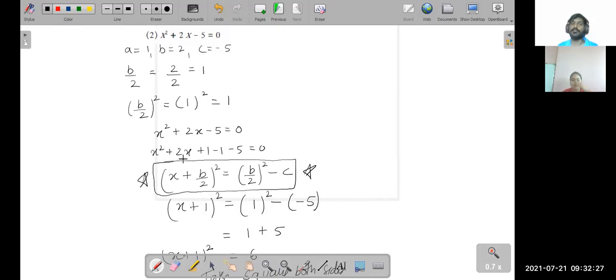How is b upon 2 the whole square 1 square? What is b upon 2? Here, see, 2 upon 2 is 1. This directly I substituted here. Did you understand, right? No confusion? No, I understand. Okay.